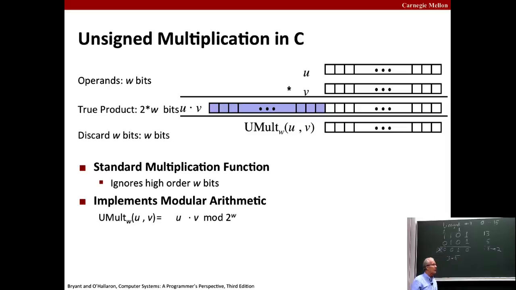If I multiply 3 times 5, that is of course equal to 15. And in an unsigned number, I can represent that. So that's OK.